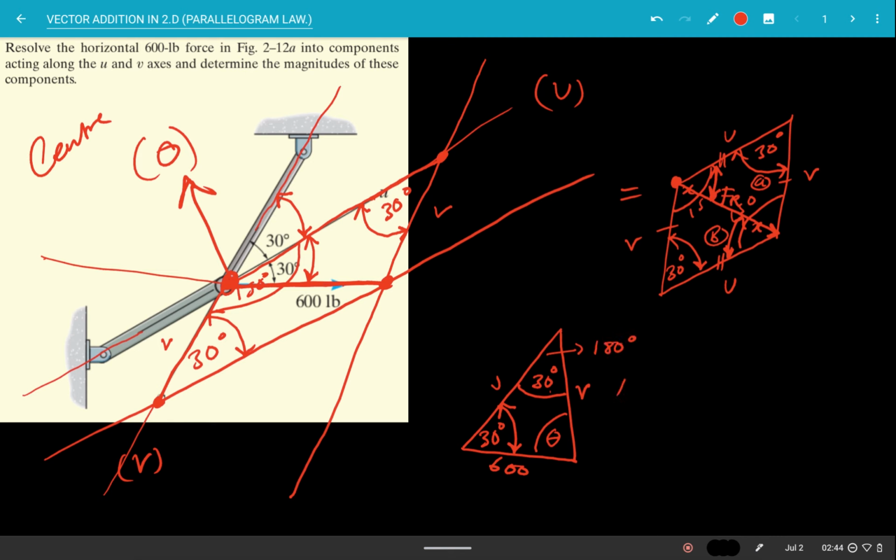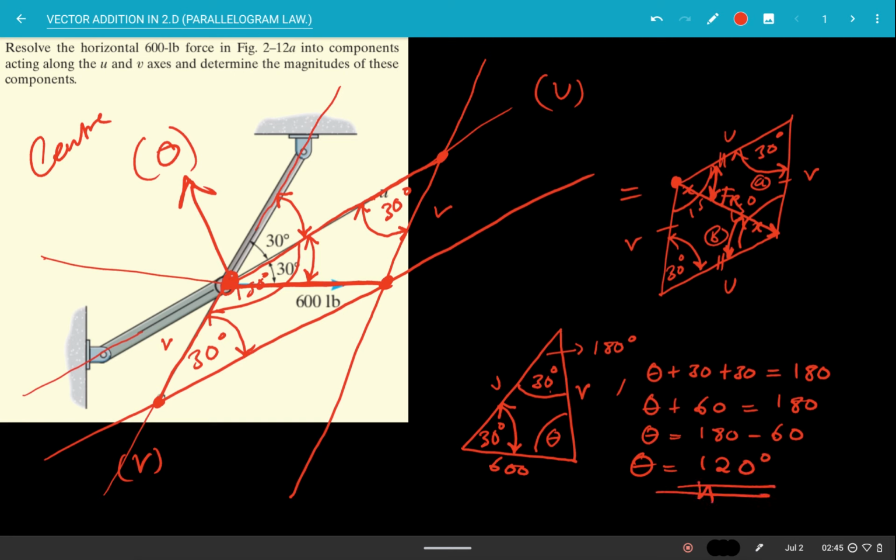So what we do is to say theta plus 30 plus 30 is equal to 180. So theta plus 60 is equal to 180. So theta is equal to 180 minus 60. So theta is equal to 120 degrees. This means that this angle is 120 degrees.